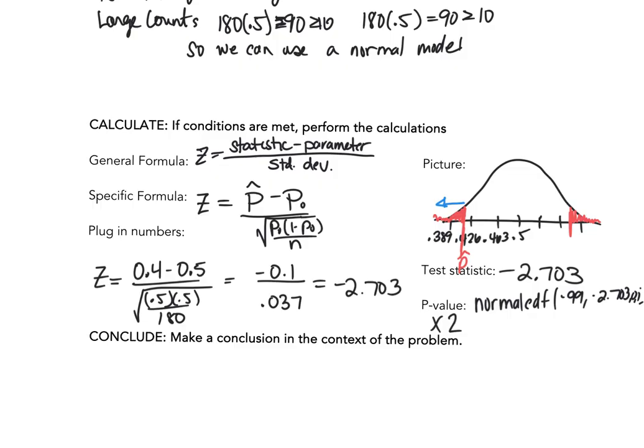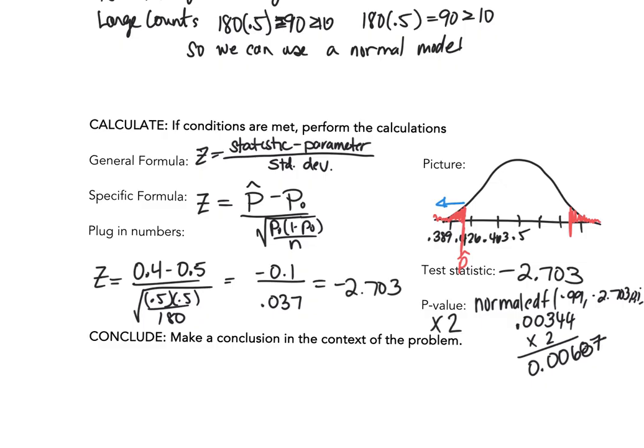So negative 99, negative 2.703 gives me 0.00344. And then we're going to multiply that by 2. And our final p-value is 0.00687.